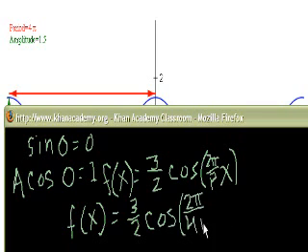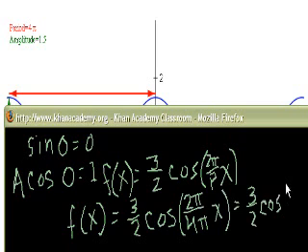The period in this case is 4 pi, times x. That equals 3/2 cosine of 1/2 x.